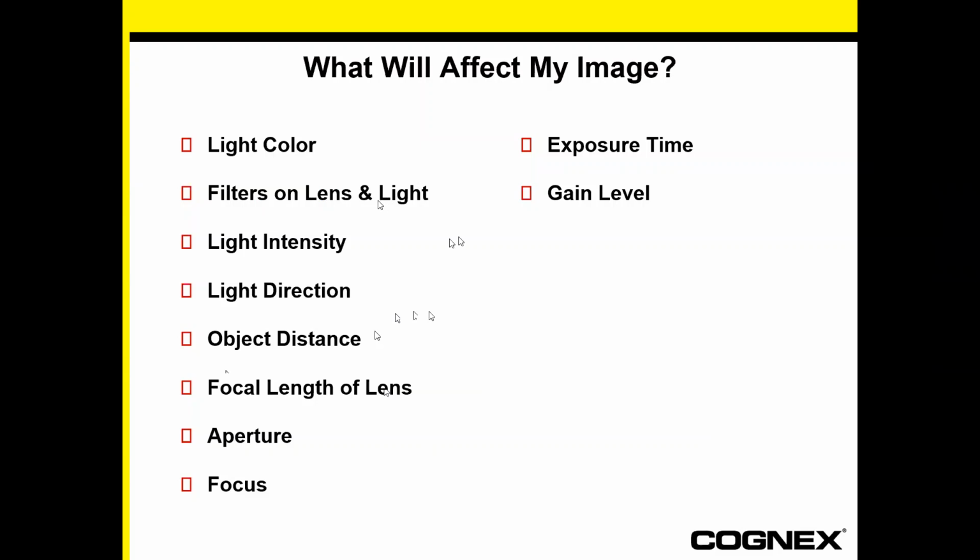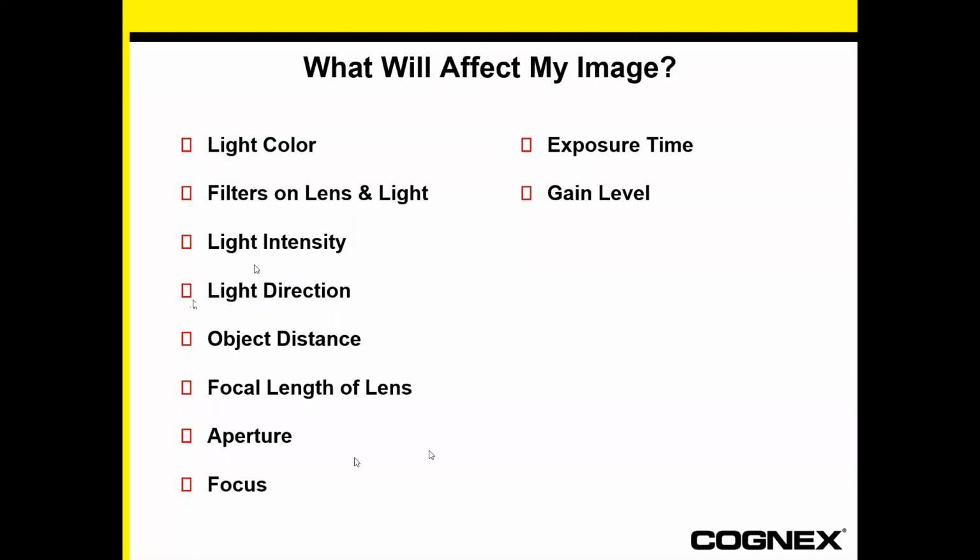The light direction, if it's coming from low down, will create shadowing. The object distance, if the object's getting closer or further away, if you were measuring something, it's going to change, because if you move your finger closer to your face, it's going to appear bigger. Further away, it's going to appear smaller. It's the same with the camera.